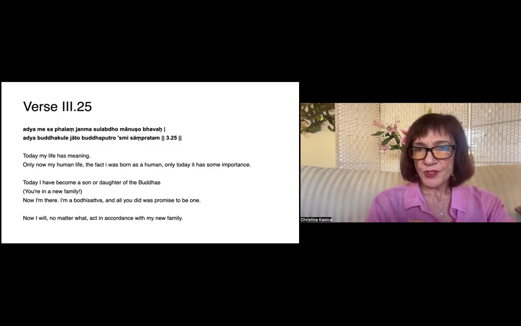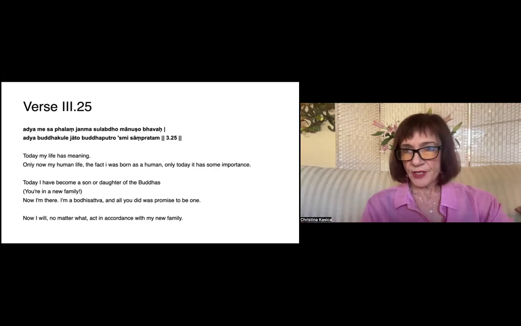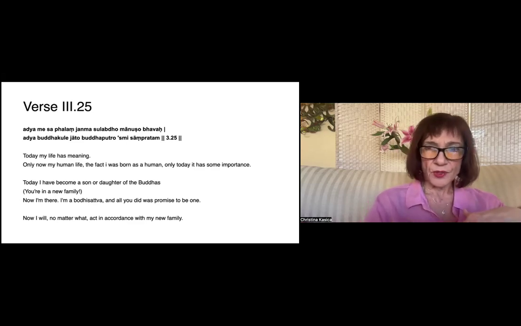And as you can see, this is not a polished translation yet in English. This is not the final translation. This is a rough translation, a working translation.